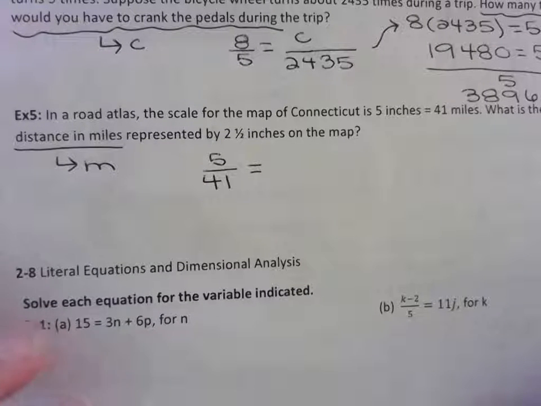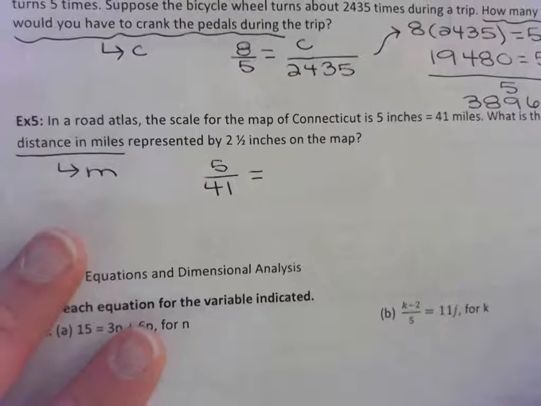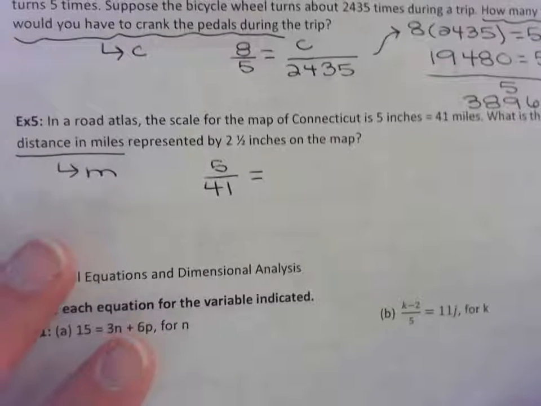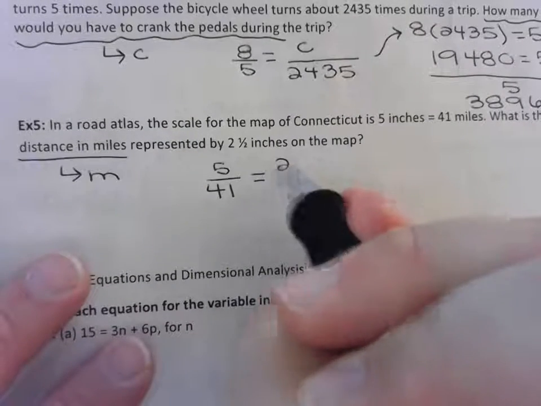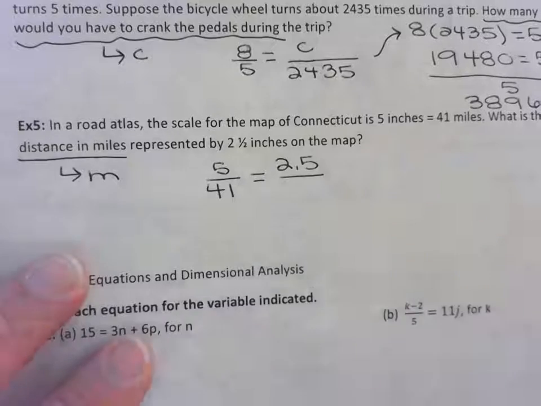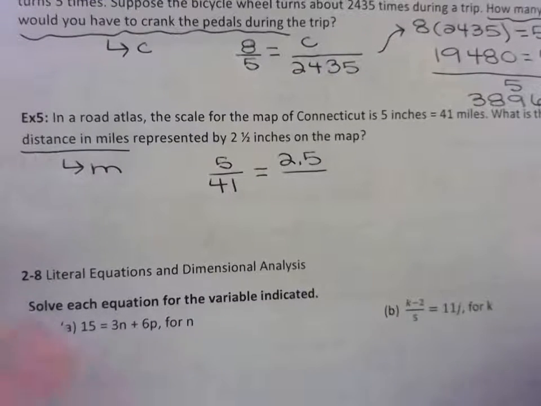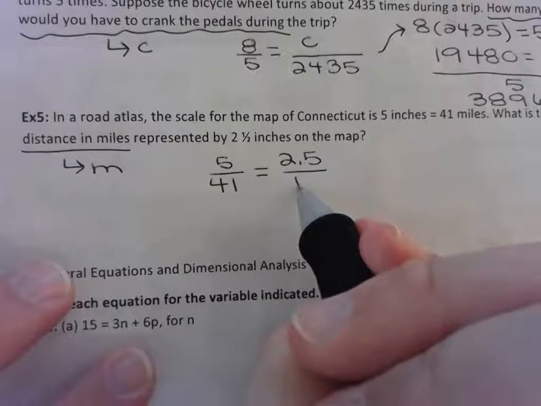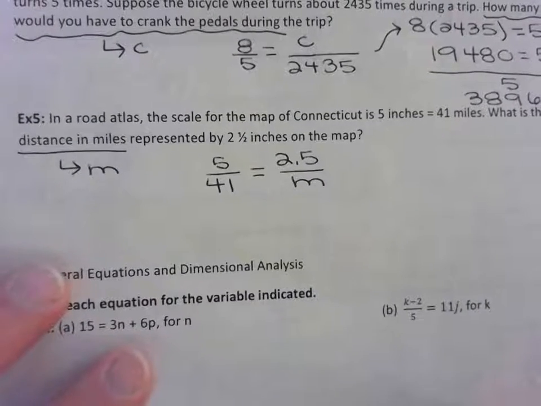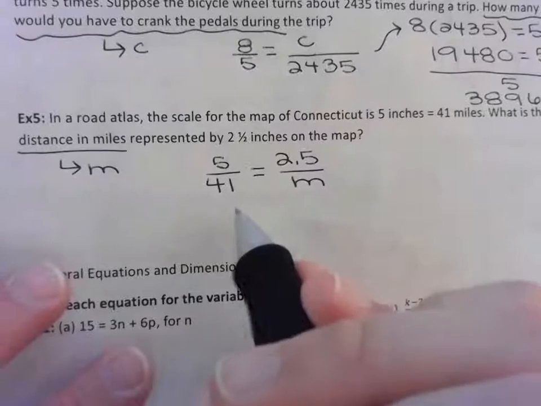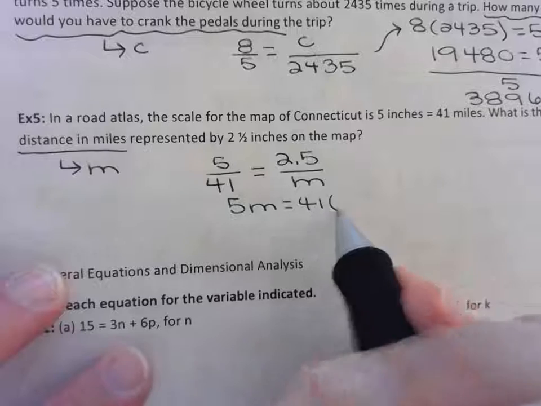I need to keep it consistent. It's 5 inches to 41 miles. So as I look at my second ratio, how many inches do I have? 2.5. You have to keep it consistent. It was 5 inches to 41 miles, so my inches have to go on top. And the miles is what I'm trying to figure out, so that goes in the denominator. Cross multiply: 5m equals 41 times 2.5.